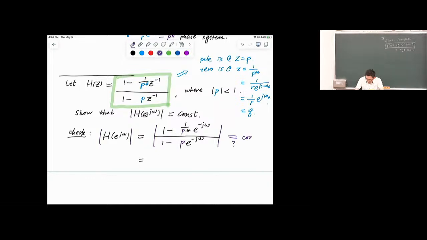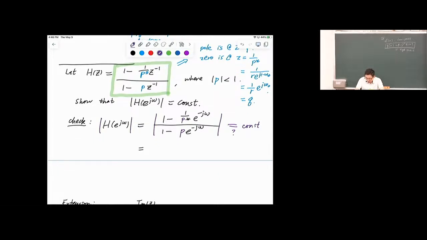To prove that this is a constant, we may need to organize our terms a little bit by some trial and error. I'll just give you the good try. My try is to pull out 1 over p conjugate right here. So here it becomes p conjugate subtracted by e to the minus j omega on top.